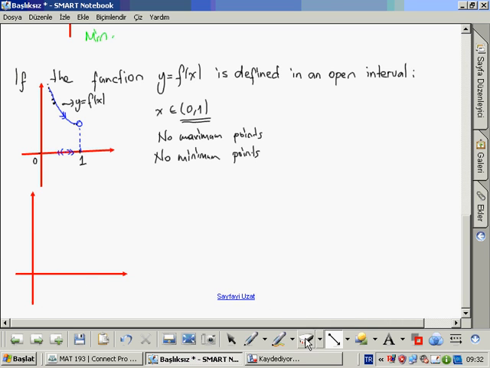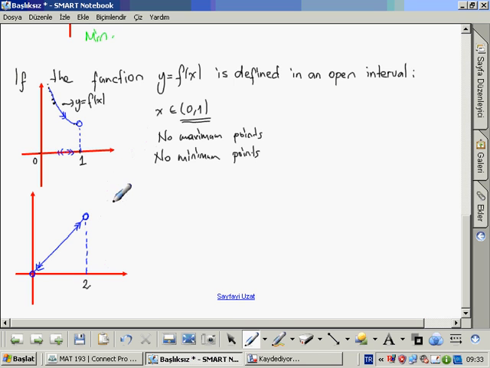Again, this point is 2. What can we say about that point?